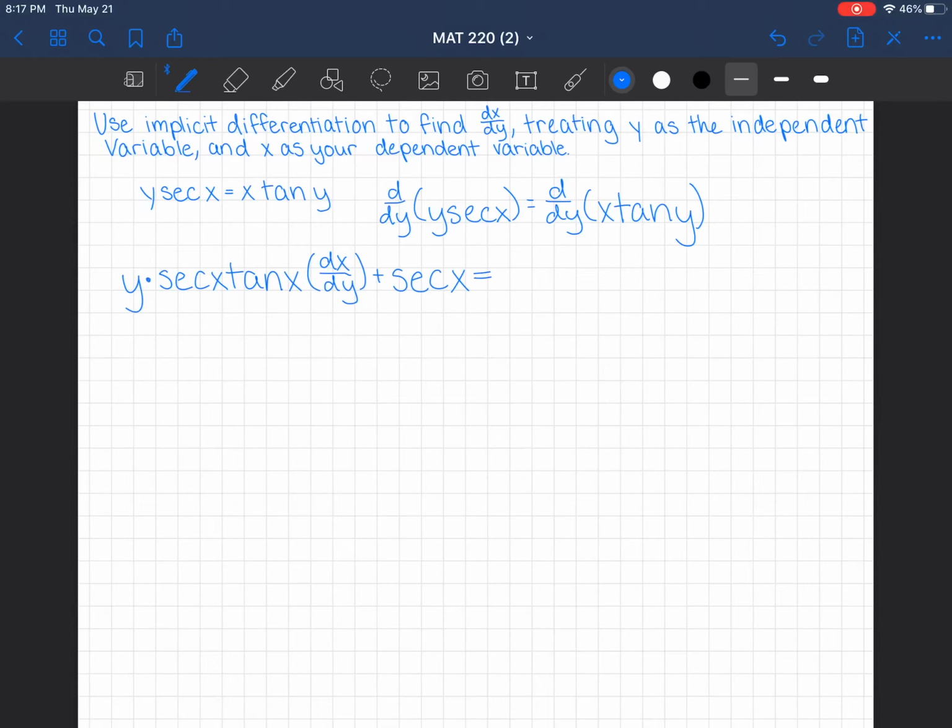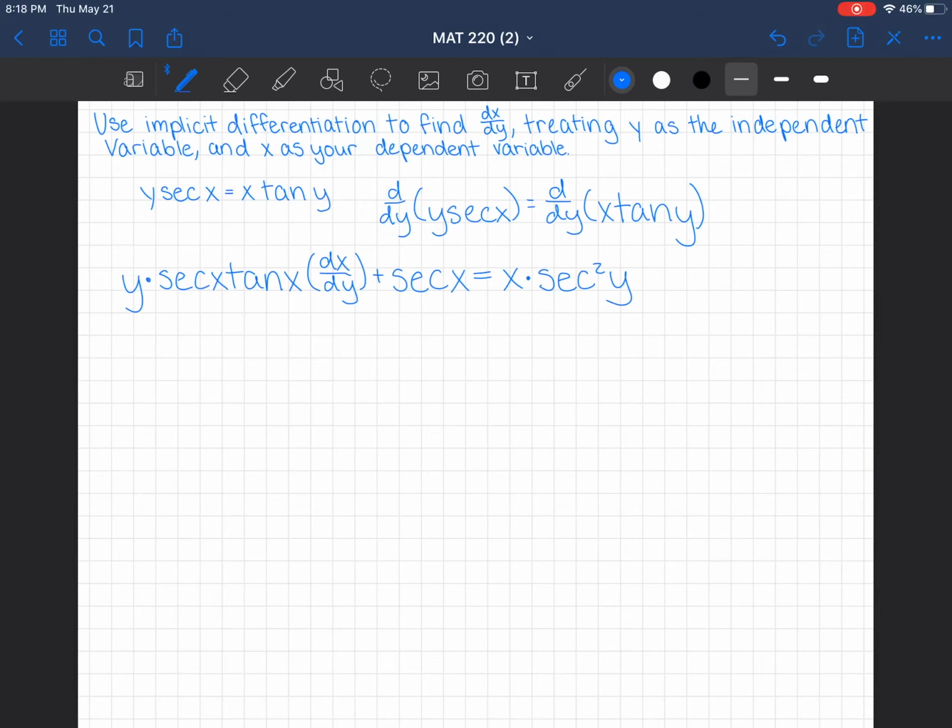Now on our other side, we'll go ahead and do the same thing, starting with our x, which we'll leave alone, multiplied by the derivative of our second term, which is tangent y. That ends up being secant squared y. And in this case, we are doing the derivative in terms of y, so we don't need to tack on the dx/dy here like we did with the dx/dy over here.